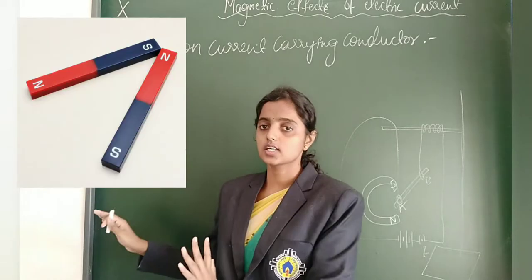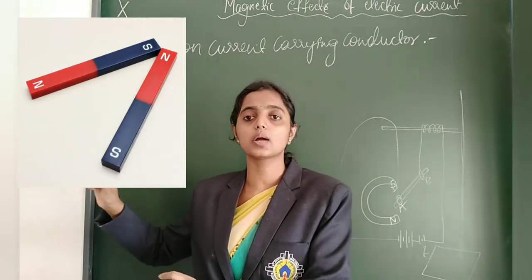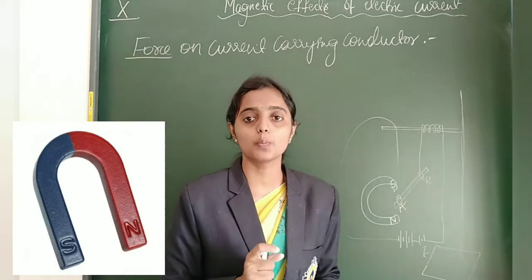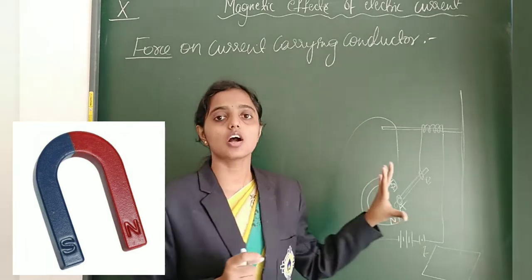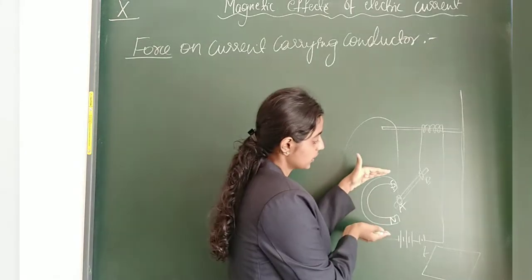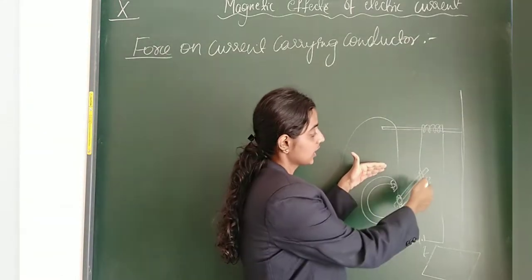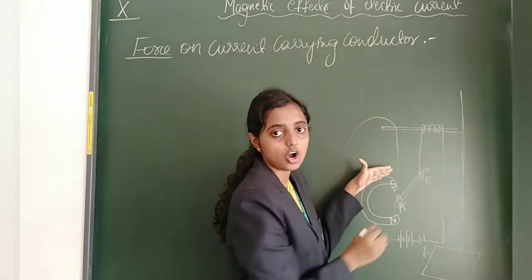Now in all the earlier activities we were using a bar magnet, but in this activity we are using a horseshoe magnet, which is almost like a U-shaped magnet. The next step is to take the horseshoe magnet and keep it in such a way that the rod lies in between the poles of this horseshoe magnet.